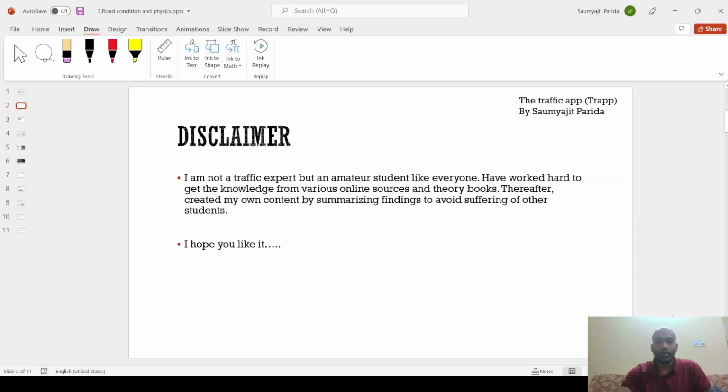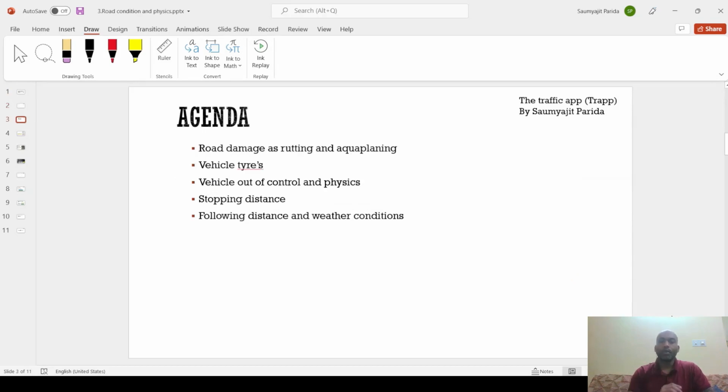Going directly to the agenda and skipping the disclaimer, which is already known: in today's video, we'll be covering road damages like rutting and aquaplaning on the tires, then different types of vehicle tires, why the vehicle goes out of control and the physics behind it. Also, we will learn about the stopping distance and following distance concepts.